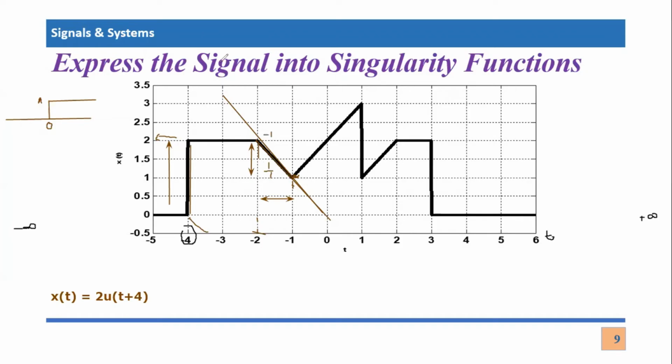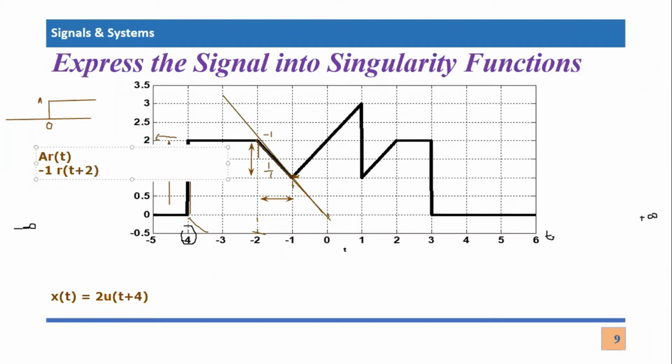Normally any ramp signal is written as ramp of t, and before the ramp we put its slope. In this specific case, the slope would simply be -1. The ramp r of t normally starts at 0, but this ramp is starting at -2, so it is going to be -r of t plus 2.